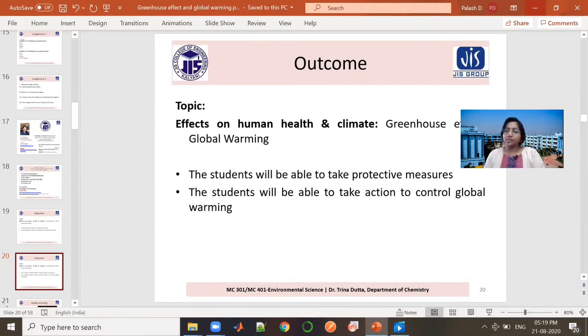Very small steps we can start from our home. We can save energy, like reducing the use of AC. We can reduce the use of private vehicles and use public transport instead. We can do tree plantation.